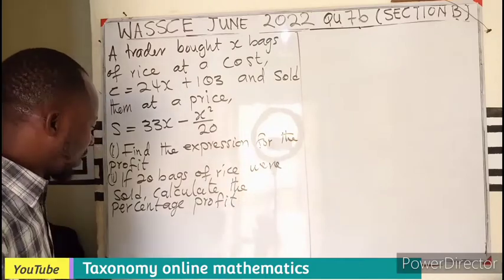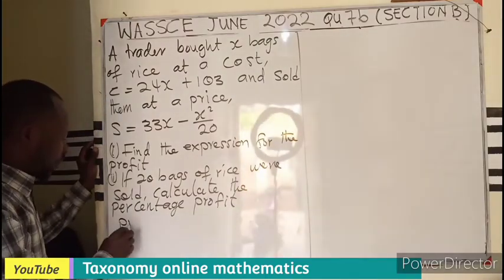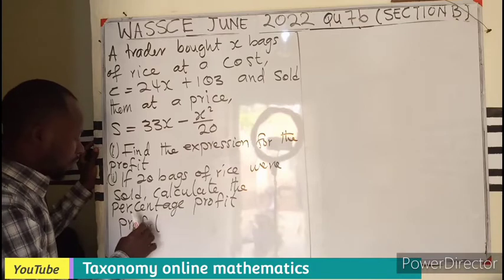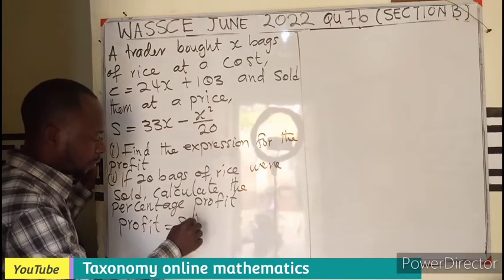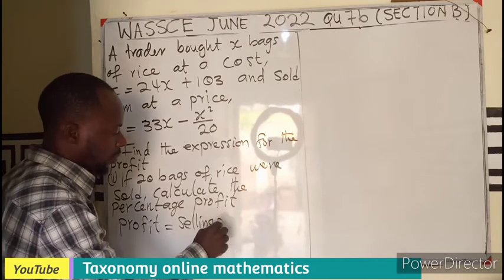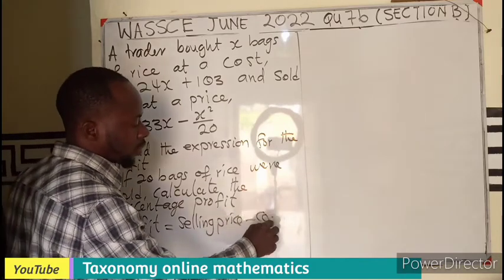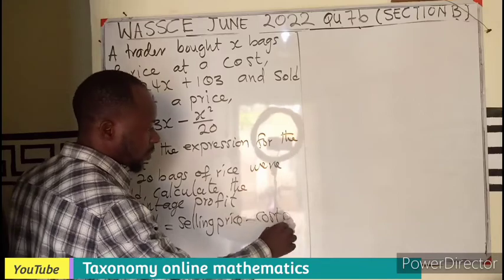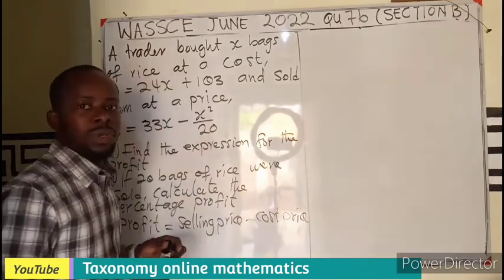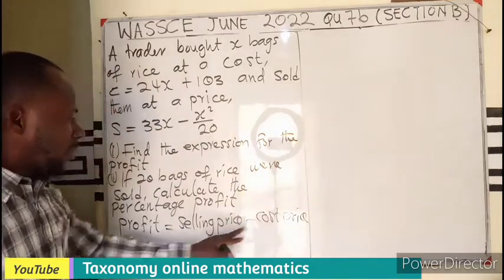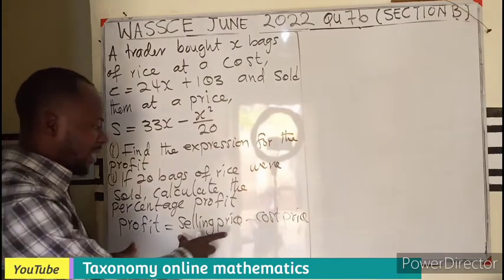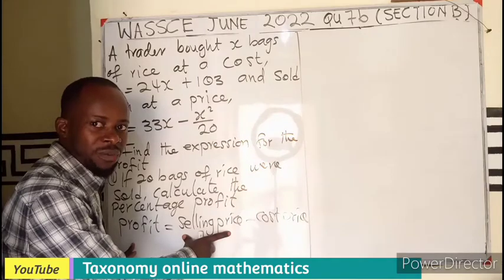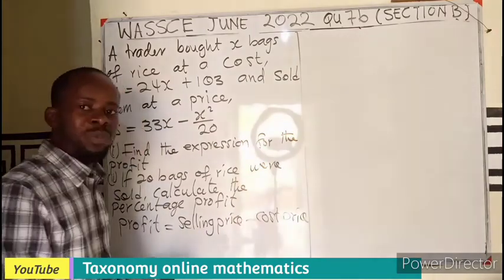So we can begin with the statement: profit, which we know is going to be the selling price minus what? Cost price. So if the selling price minus cost price is profit, then the final expression for profit will be the expression for selling price minus the expression for what?